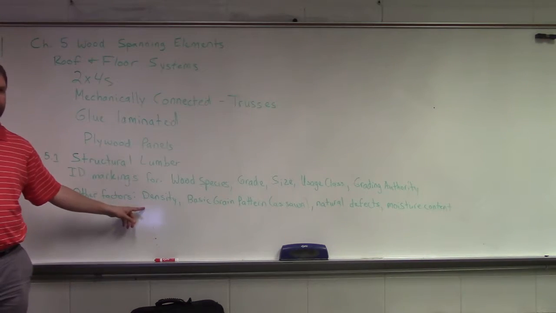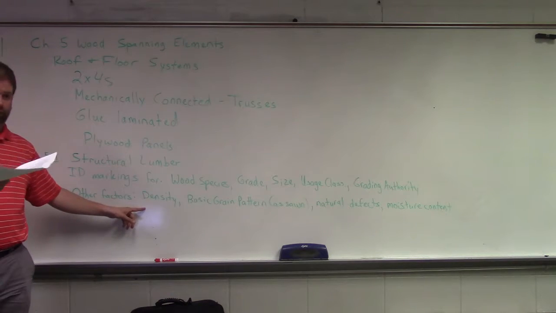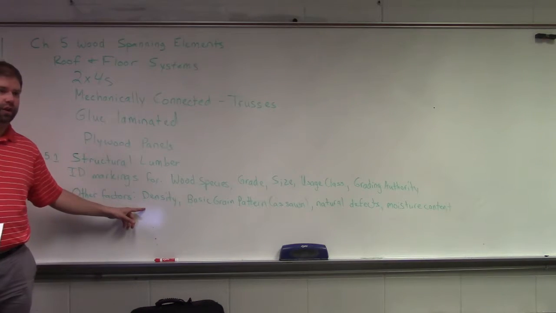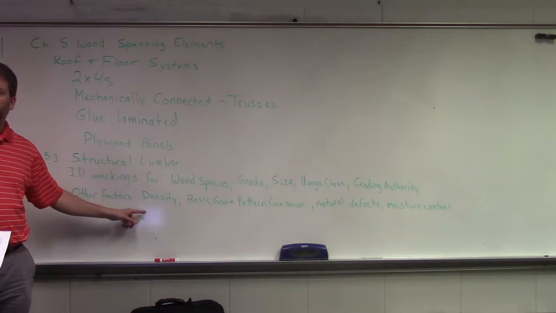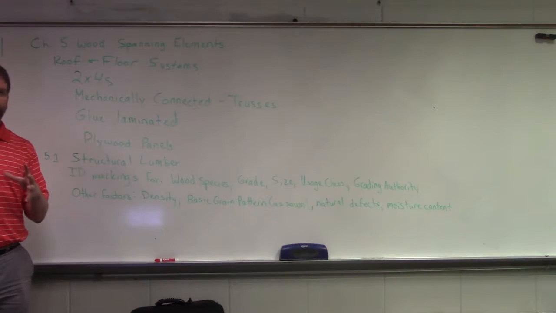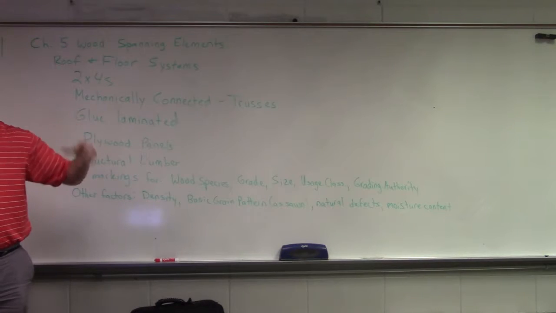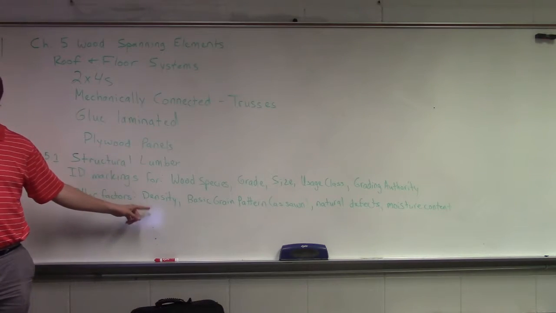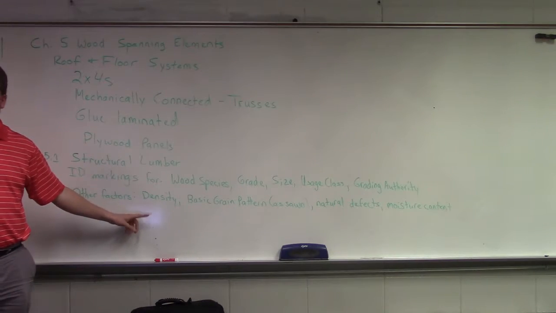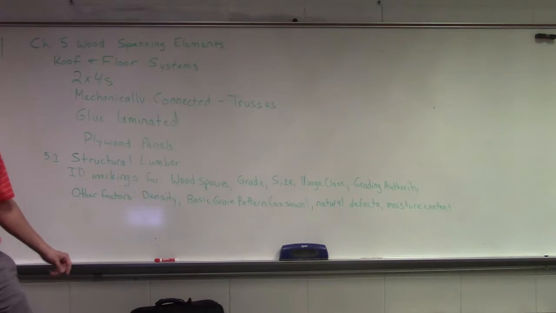Weight. How strong it is. Oh, could tell us how strong it is. Terry, what did you say? Weight. It's ultimately going to give us our weight, right? We know that we have a certain dimension. We're going to have a certain cross-sectional area. We'll have a certain length. If we know that density, we can figure out what the weight of that thing is. Okay, that's going to be important for our bearing calculations.